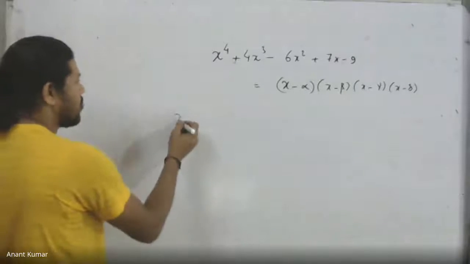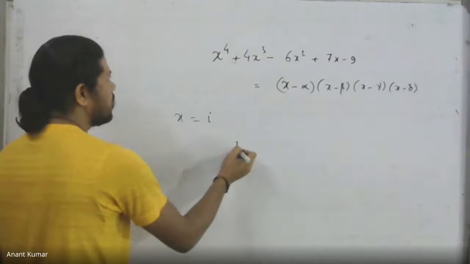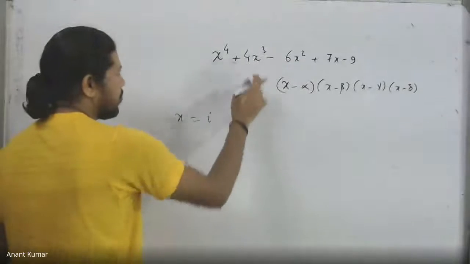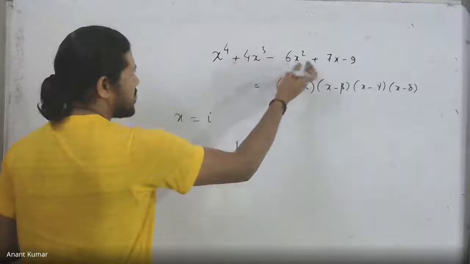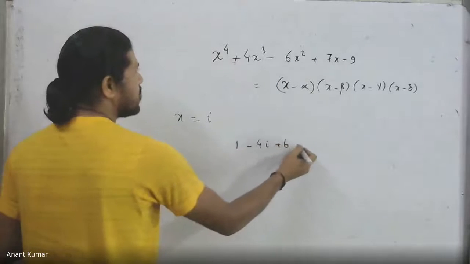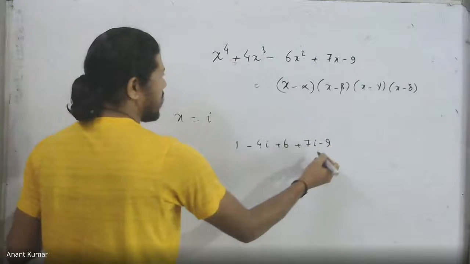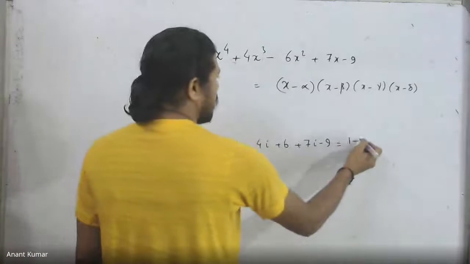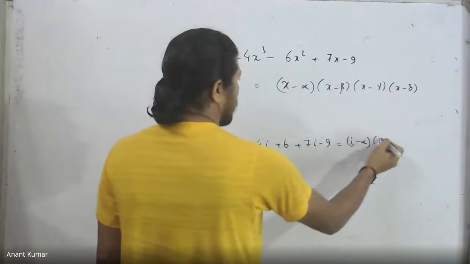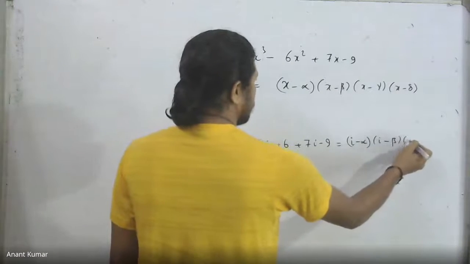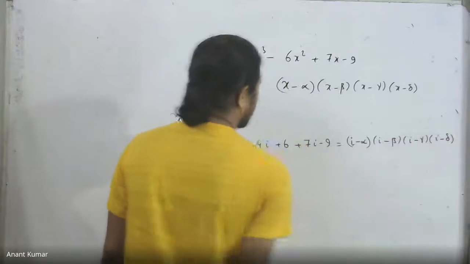Then i to the power 4 is 1, i cubed gives minus 4i, x squared is minus 1 so we get plus 6, and then 7i minus 9. This must equal i minus alpha into i minus beta into i minus gamma into i minus delta.